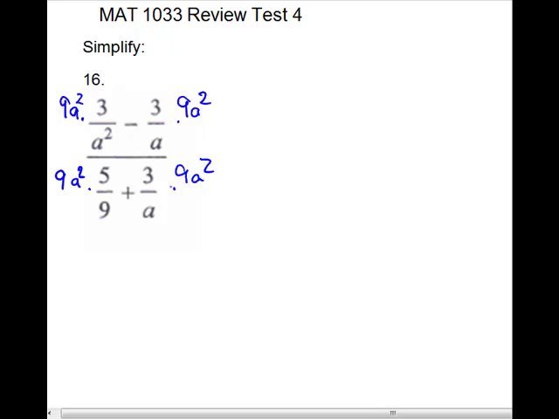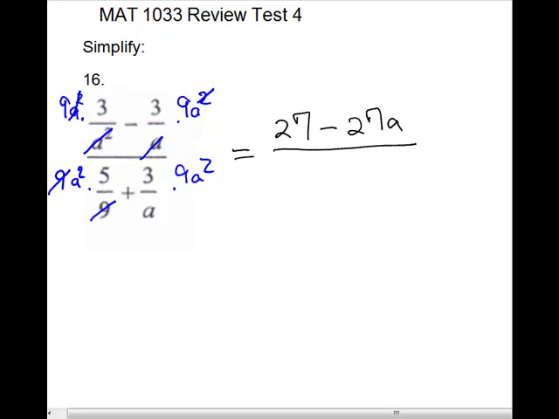And then I will clean up. In my first one, the a squareds are gone. So I have 9 times 3 is 27. In my second piece there, one of the a's is gone. So I have minus 27a. On the denominator, on the first one, my 9's are gone.